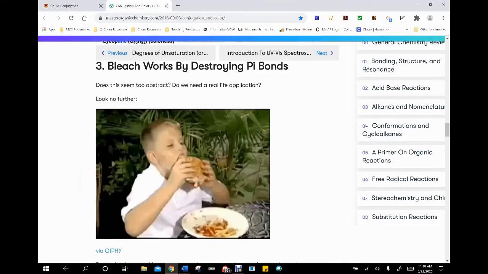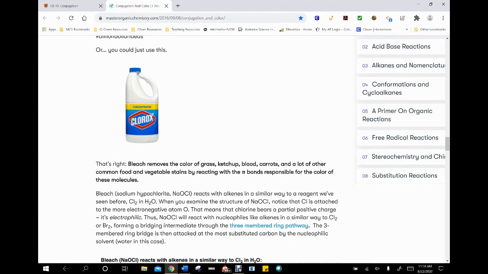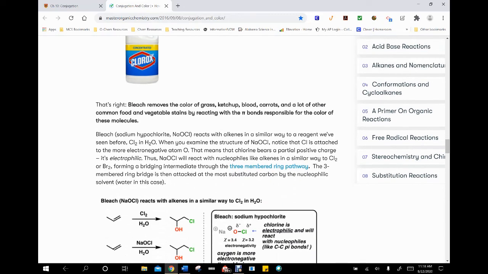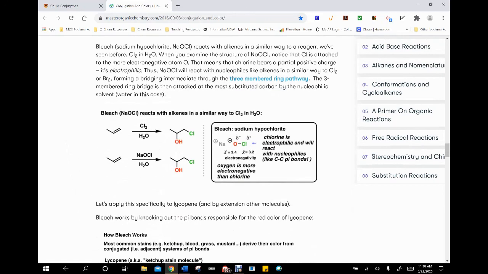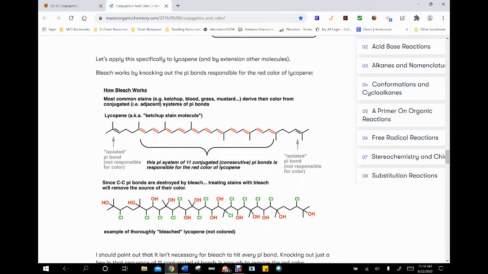And so you may often hear of people using Clorox bleach to make their whites whiter or to remove stains. Commonly used for things like ketchup or grass stains, things that tend to be pretty brightly colored. And how bleach works, rather, is it actually unconjugates the molecule. Bleach in particular, its active ingredient is hypochlorite.